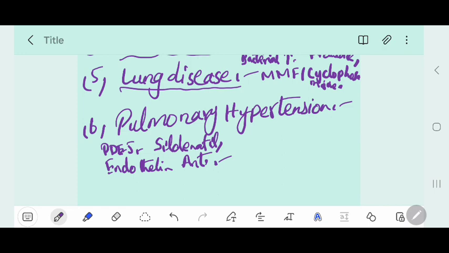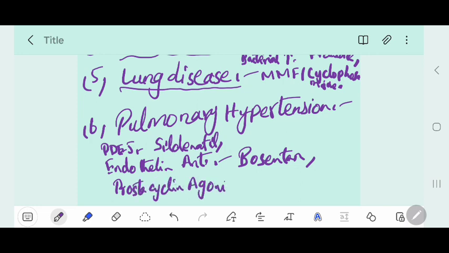Endothelin antagonists are bosentan, ambrisentan, macitentan, etc. And you can also give prostacyclin agonists. Especially in refractory pulmonary hypertension, you will give prostacyclin pathway agonists, and these are epoprostenol, treprostinil, iloprost, and selexipag.